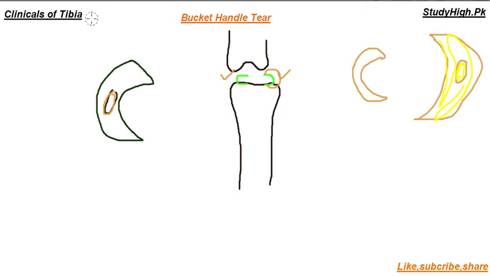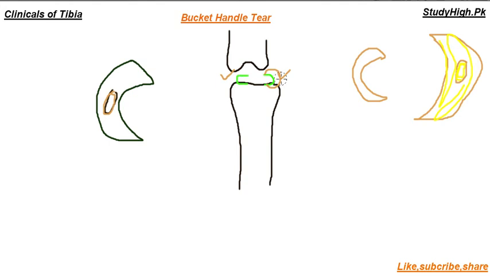So first of all, I will tell you about the bucket handle tear. It is a tear of the meniscus that may be of the lateral or medial meniscus, but a bucket handle tear is mostly related to the medial meniscus because it is tightly bound or compact between the condyles of the femur and the upper part of the tibia, whereas the lateral meniscus is loosely attached.